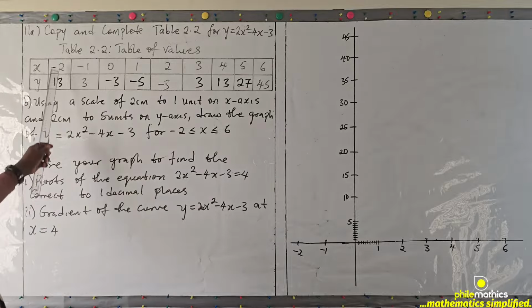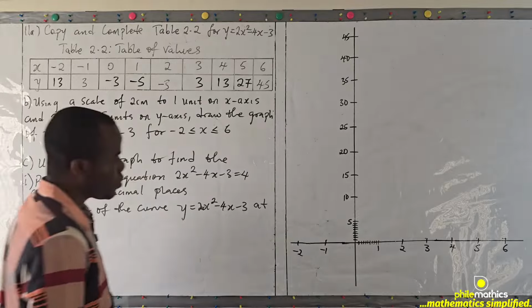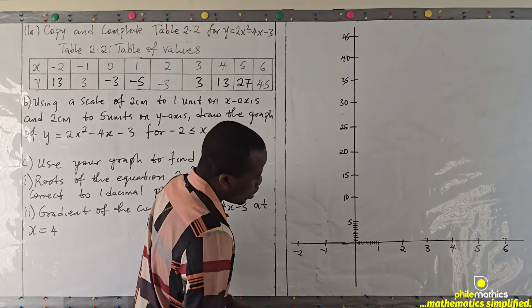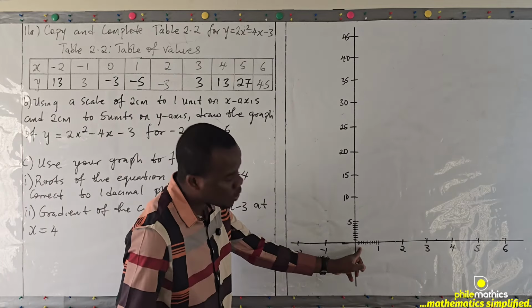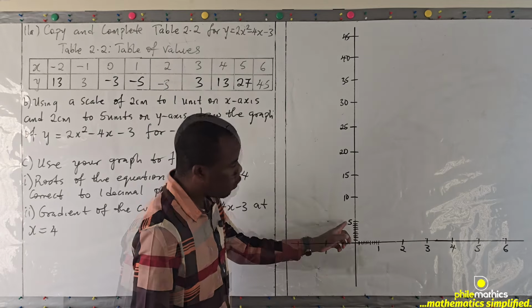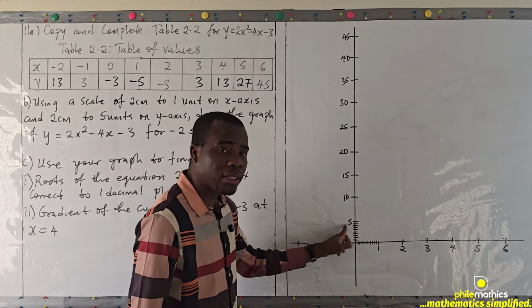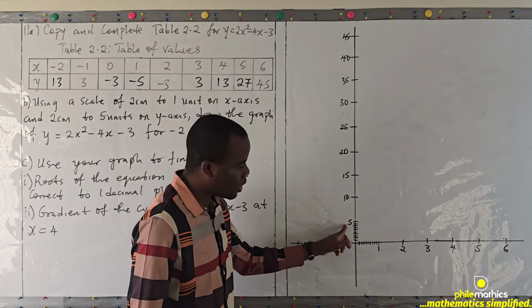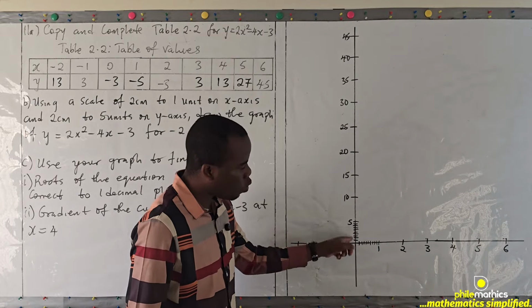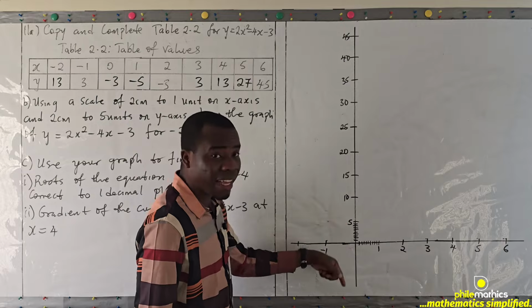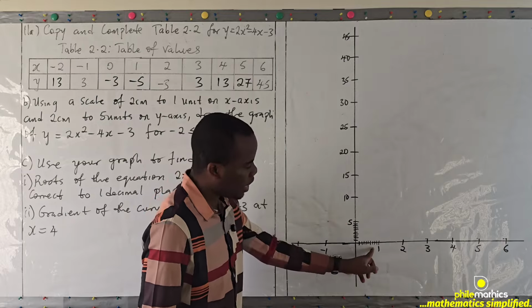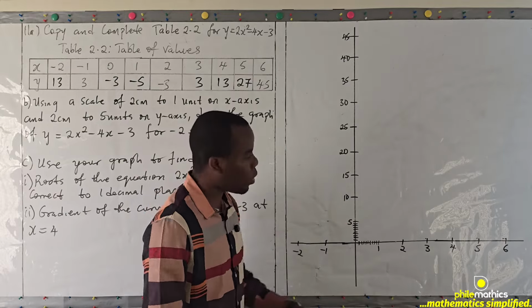So we start with minus 2, 13. So for the x-axis, each box is 0.1. For the y-axis, each box is 1 over 2, 0.5. How do you get that? 5 over 10 boxes. 5 over 10 is 0.5. And for the x-axis, 1 over 10 is 0.1.